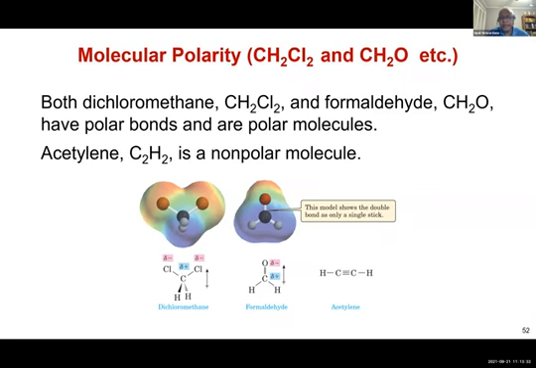So is formaldehyde. They don't cancel out each other. In acetylene, the last molecule, it adds up to cancel out polarity, therefore non-polar.